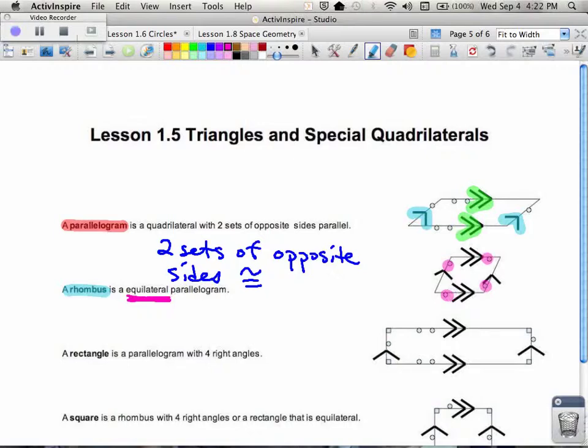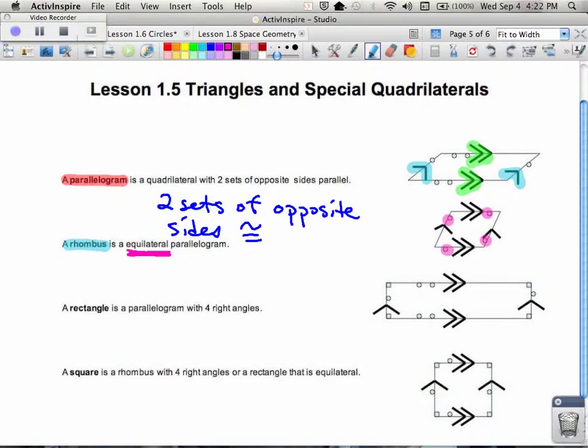A rectangle, on the other hand, is a parallelogram that has four right angles. So notice it doesn't have the four equal sides, but there are four right angles. So a rectangle is a parallelogram.